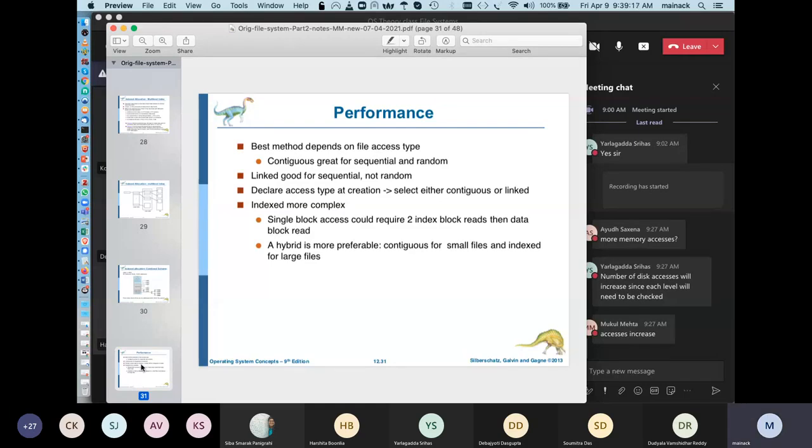So using performance, you can decide whether you want to use contiguous or linked. And in indexed, often you use a mix of contiguous and index, a hybrid.